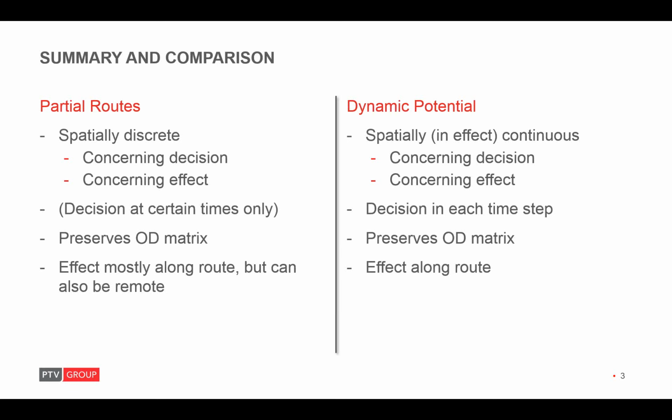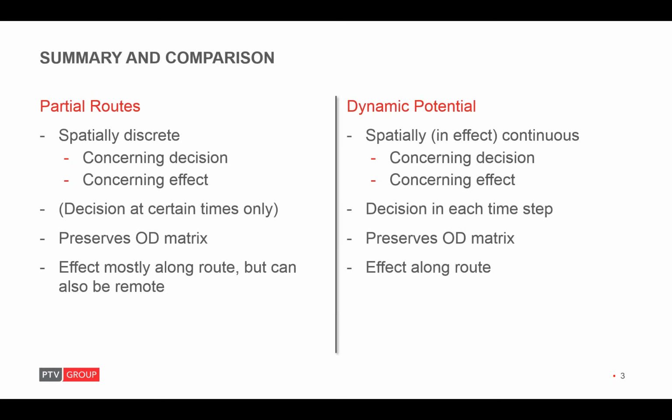It's a bit limited, this claim, now that we have to decide every time step, but it's still true in the sense that the decisions are limited to the times when the pedestrian is located on the area with the decision. While for the dynamic potential, the decision is made in each time step until a pedestrian has reached its destination or intermediate destination where the dynamic potential is active.